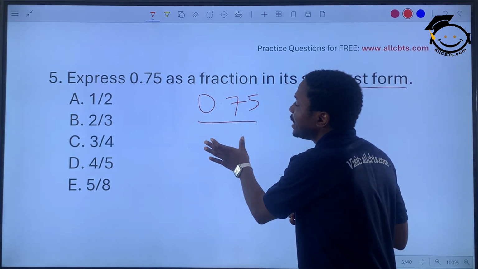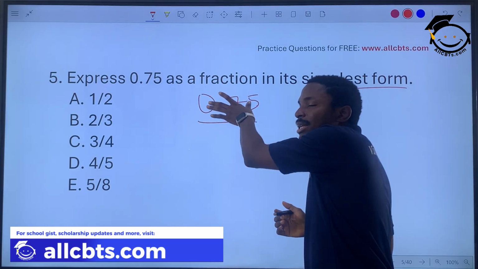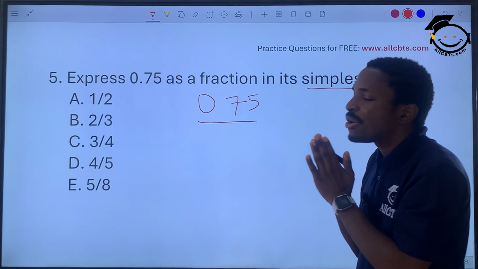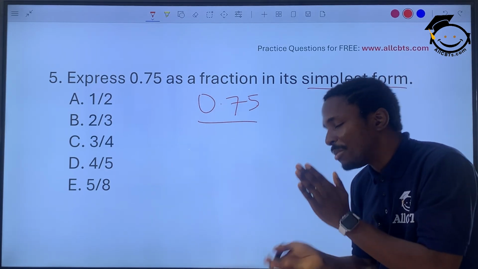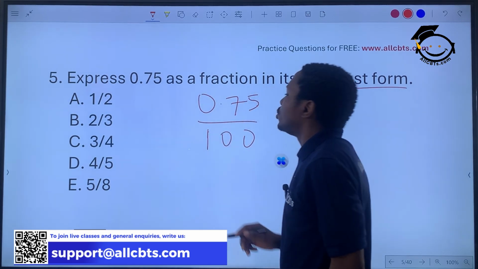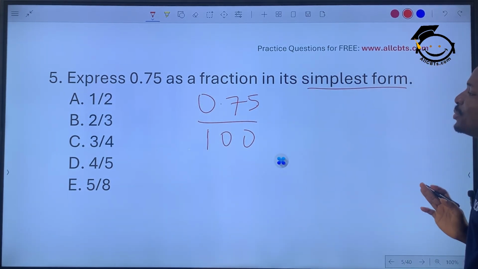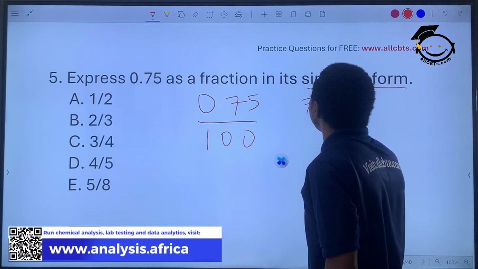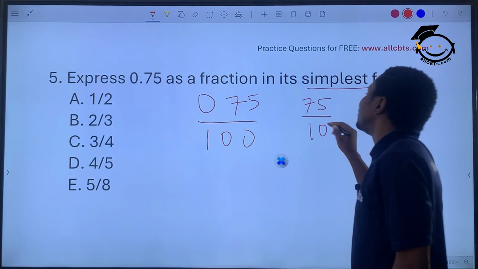We need an equal number of zeros in the denominator to match the numerator so that we can divide it properly. So since we have 100 here, we can call this 75 over 100.